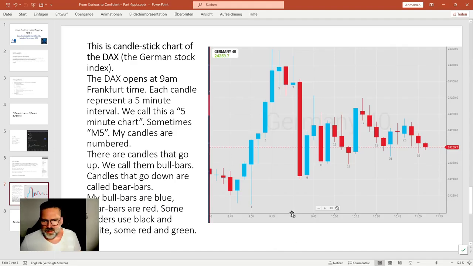You have candles that indicate that the market goes up. They're called bull bars. You have candles that indicate that the market goes down. Those are bear bars. My bull bars are blue. My bear bars are red. But you can set it however you want. So that's it for this session.